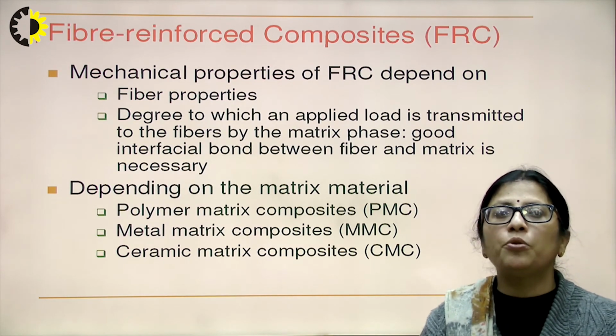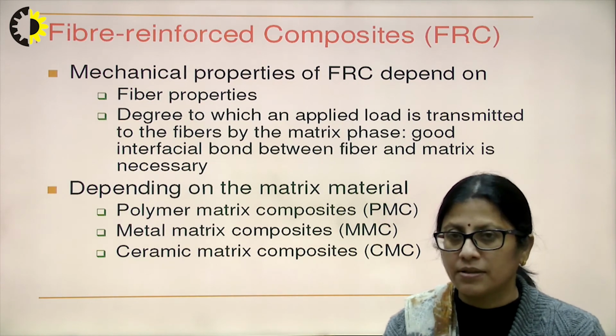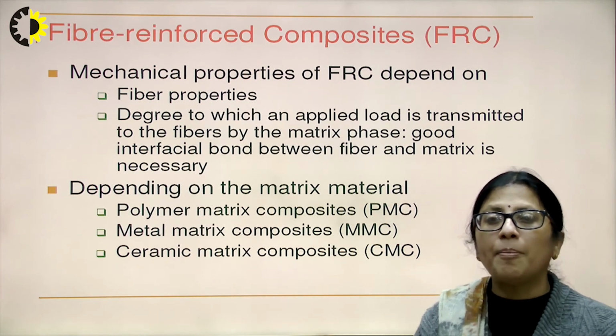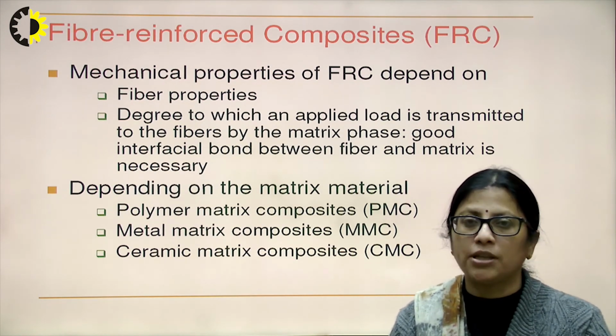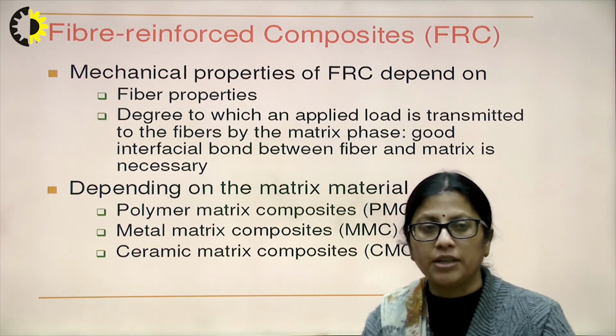There should be a good interfacial bond between fiber and matrix. If this interfacial bond is not strong, then on applying pressure, both the phases are going to separate from each other, and the strength of the composite material will decrease.